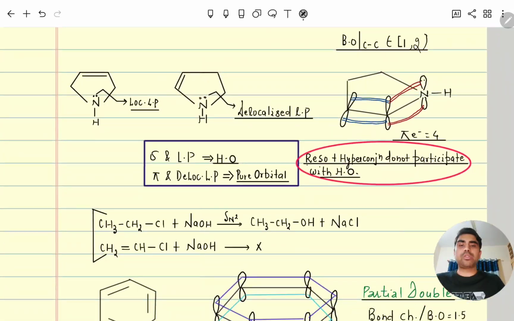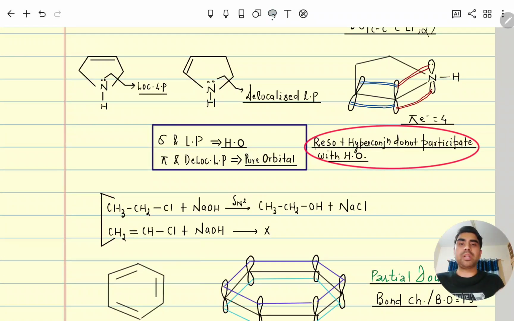Similarly, we can see some other orbital diagrams. Here you can see NH2, this nitrogen having a lone pair, and here a single bond. This type of lone pair is called a localized lone pair.